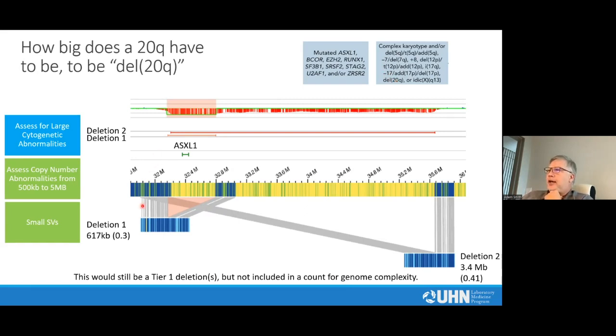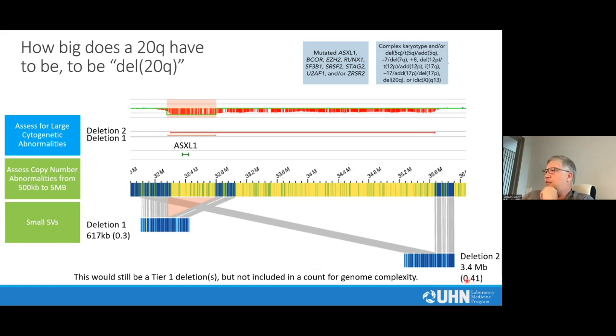This particular case, and we have several of these as well, actually has 2 deletions. You can see there's a deletion call here and a deletion call here, and they're different sizes. One is 617 kilobases, the other is 3.4 megabases. These are both invisible to classical cytogenetics or karyotyping, so they wouldn't be detected.